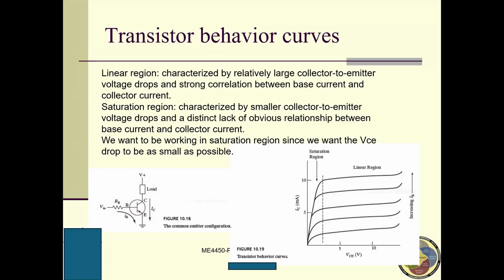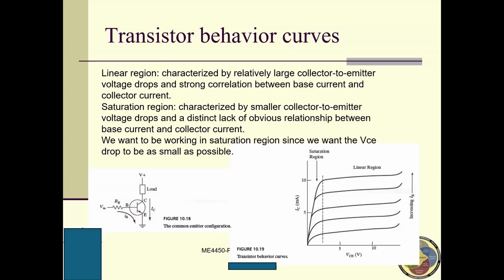And we want to be working in the saturation region, since we want this VCE drop to be as small as possible. So I will delete this and let you label what is the linear, what is the saturation, and ideally, which region we should let this guy work in.